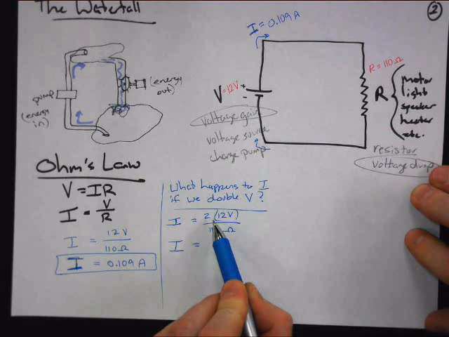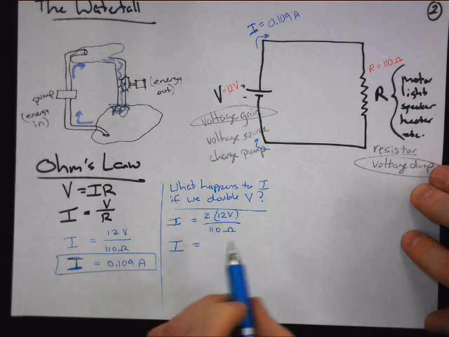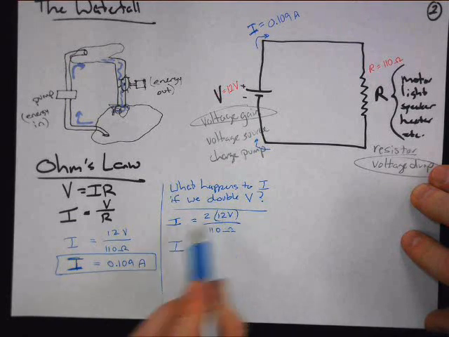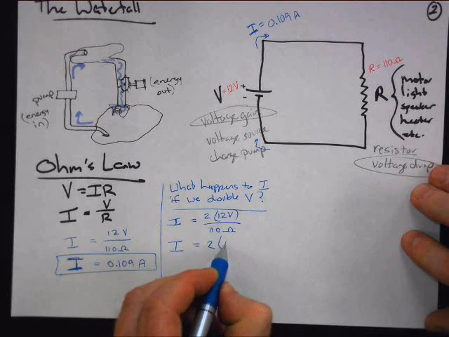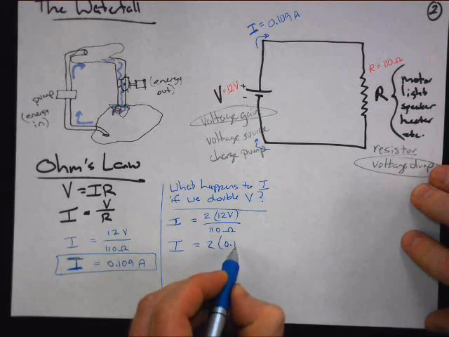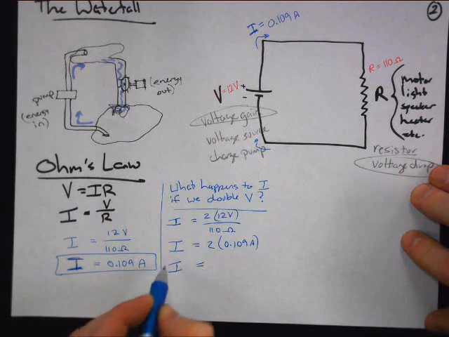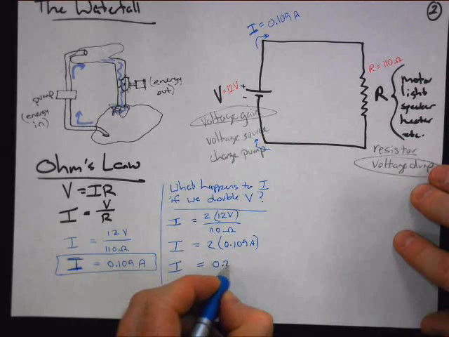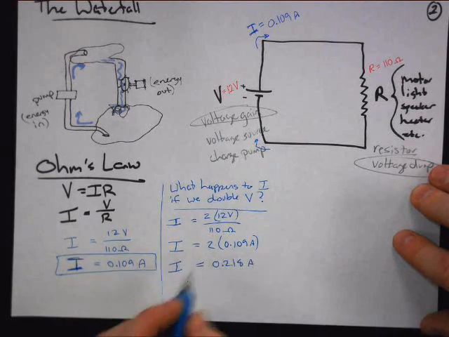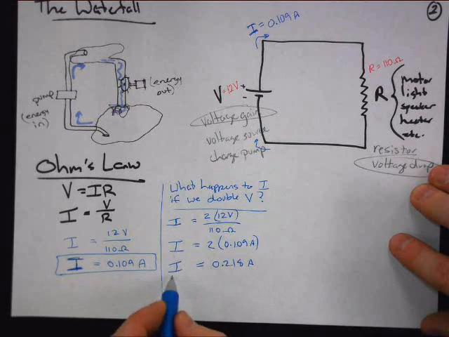And so I essentially have to do the same to the other side of the equal sign to keep the equation balanced. So I will have 2 times the original current, 0.109 amps. And so my new current is going to be twice as much, 0.218 amps.